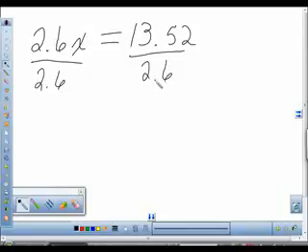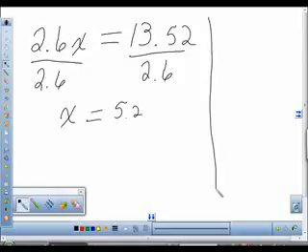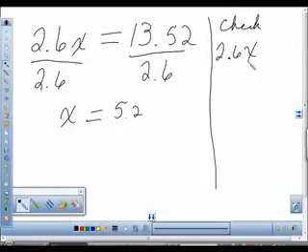And what did you get when you divided by 2 and 6/10? 5 and 2/10. And hopefully you took the time to come over here and to check it. We've got 2 and 6/10 times x is equal to 13 and 52 hundredths. And what did you put in for x? 5 and 2/10.